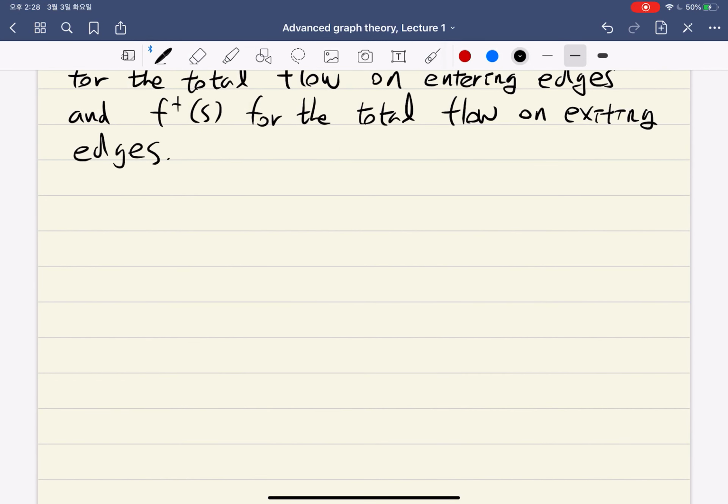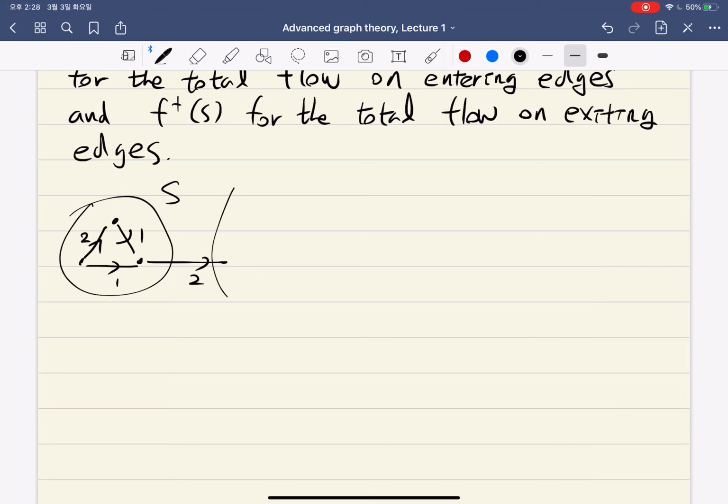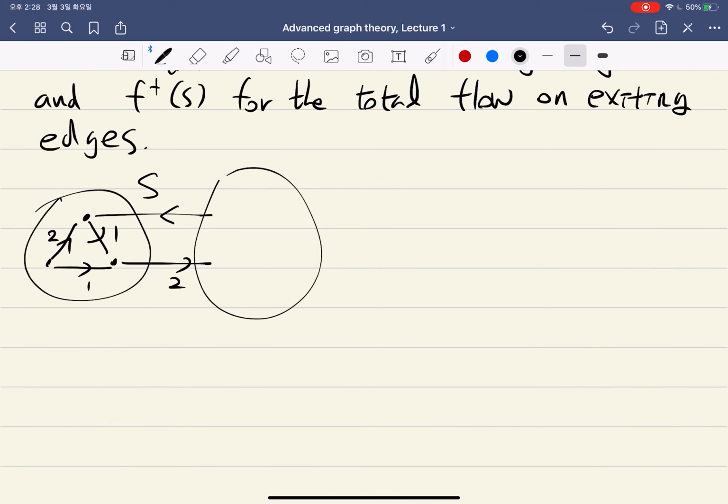So for example, if we have this S, and let's say the edges are flowing 1, 2, 1, 2, 3, and then here it flows, let's say the other way, 1.